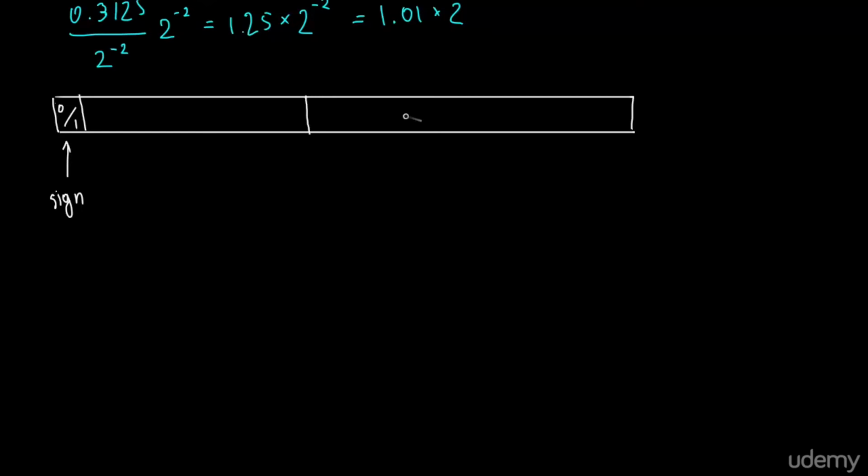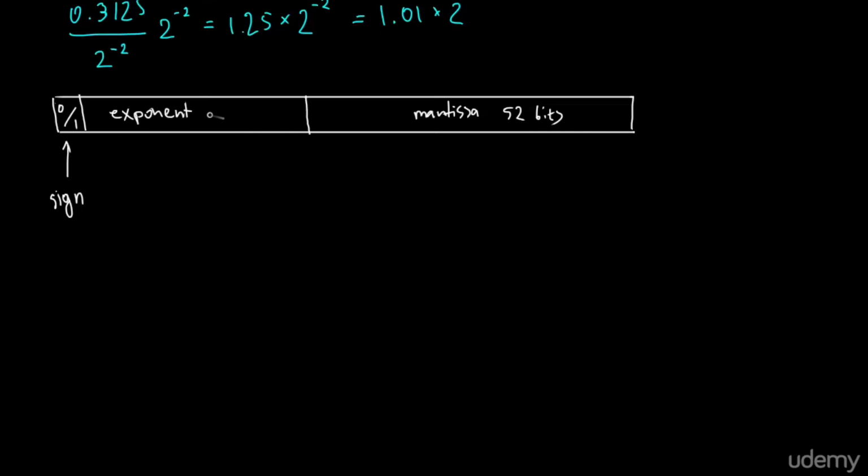So let's have this part as the mantissa. So the mantissa, this can be, let's say, 52 bits. And then for this part, we have the exponent. However, there is no sign bit for the exponent.